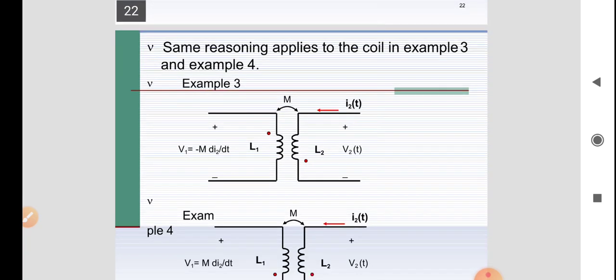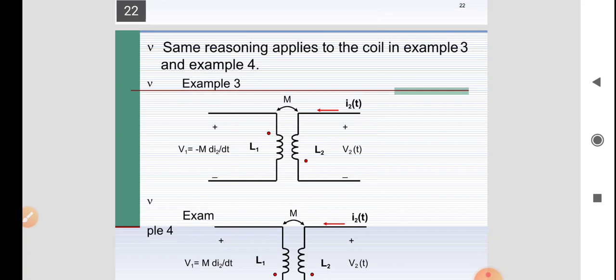Similarly, if you see example 3, here I2 current is flowing from coil to dot, but I1 current is flowing from dot to coil. You may have a doubt that we have represented only the I2 direction, where is the I1 direction? Always the current will flow from higher potential to lower potential.